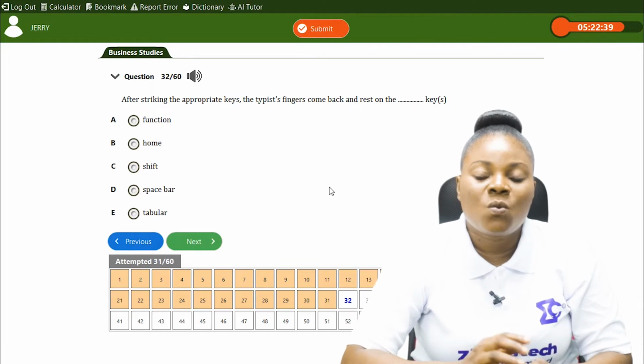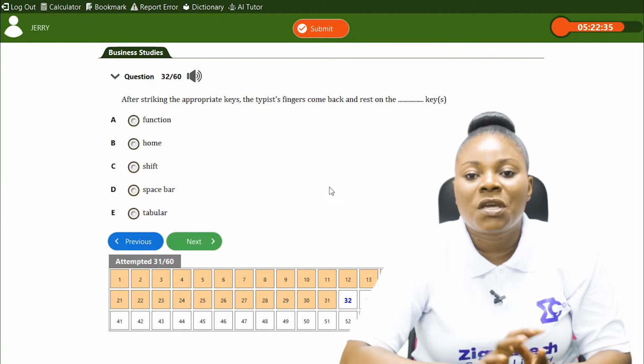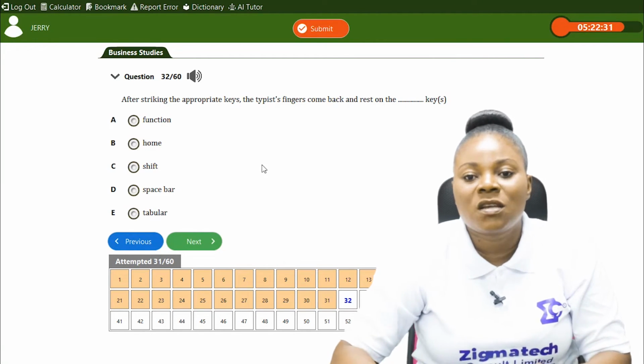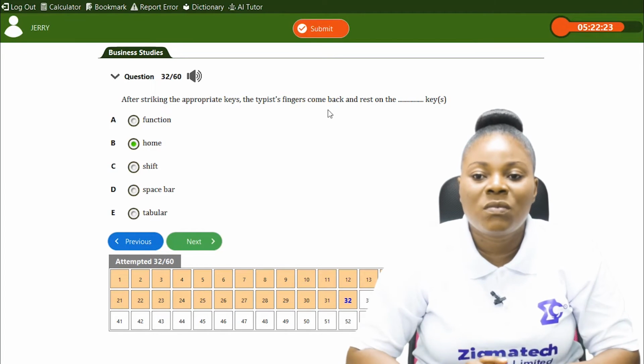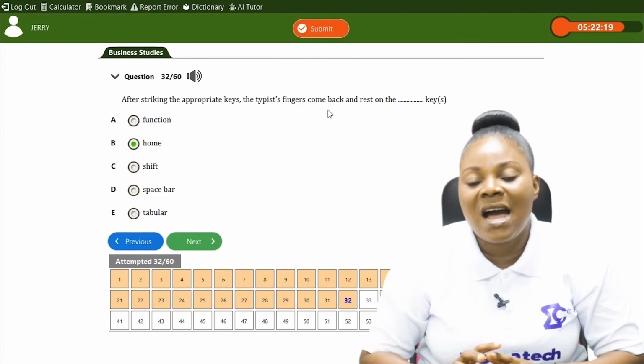Once you are done striking different keys on the keyboard, your fingers should come back to rest on what we call the home keys. That's where your fingers rest before and after typing.